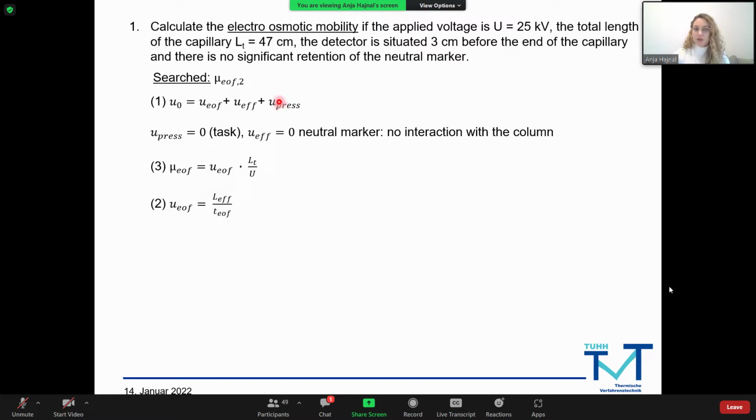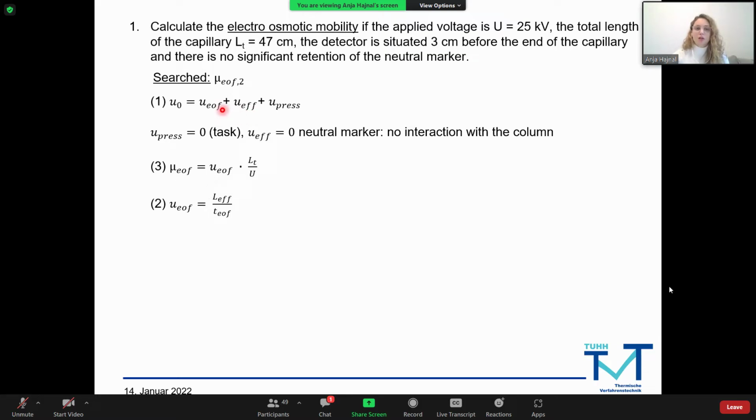In our case, we are not applying any pressure, and if there is no significant retention of the neutral marker, then we can also say that the electrophoretic flow velocity is 0 as well.